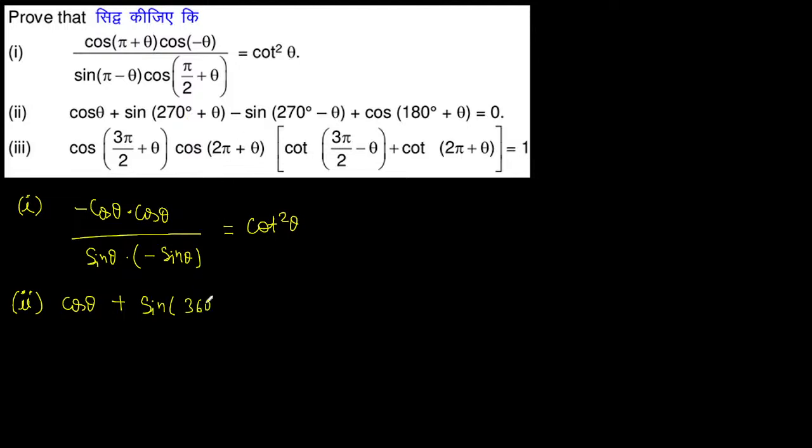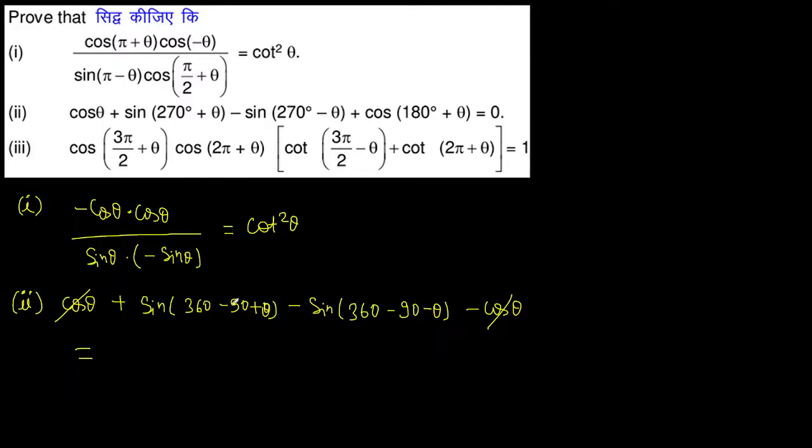So 360 minus 90 plus theta, minus sin 360 minus 90 minus theta, and cos 180 plus theta is nothing but minus cos theta. When it is even, we will stay the same. Cos, only sign will change. Okay. So I think this and this has got cancelled.